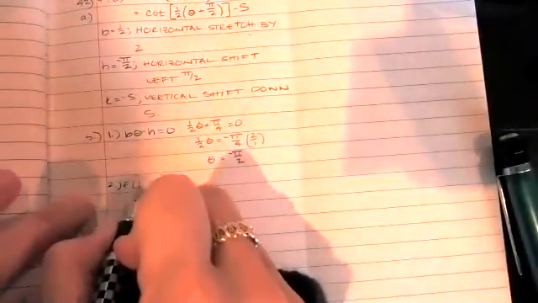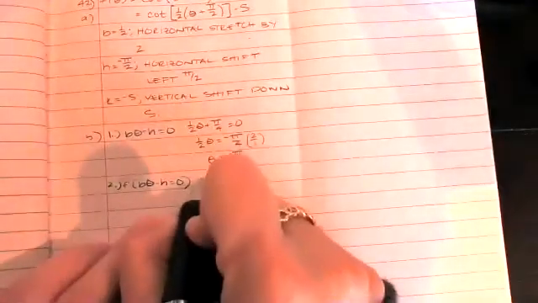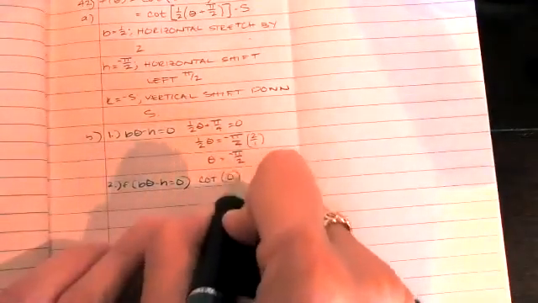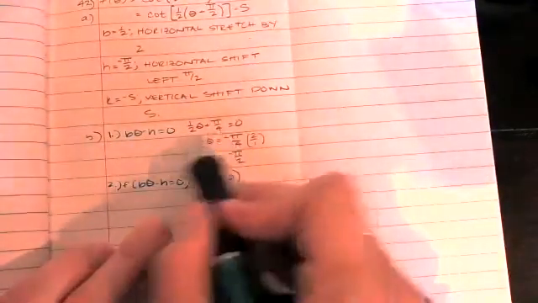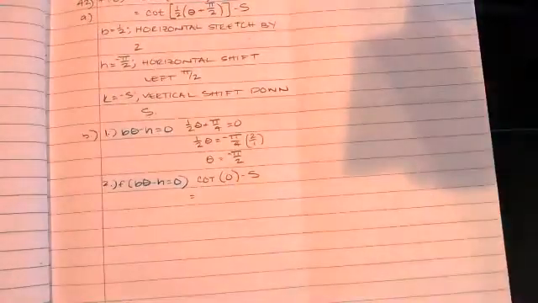Second step, we'll have the cotangent. Now we'll just replace the b theta minus h with 0. And remember that the cotangent is really cosine over sine.